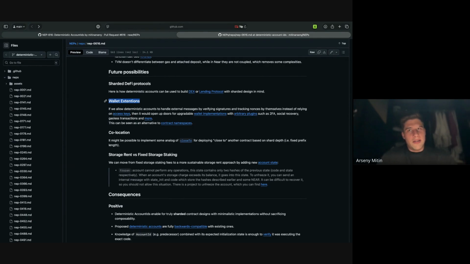But the obvious question that comes to mind is, okay, if you want to pay rent, let's say that once in several epochs we subtract from every account that is still active some amount of Near, what happens if this account doesn't have enough Near to pay for its own storage? The idea is that the same way that zero balance accounts exist, where you don't need to pay anything to occupy 770 bytes, the same idea can be applied here.